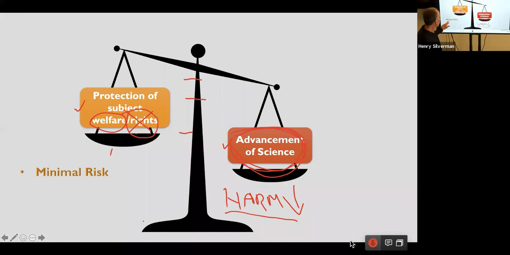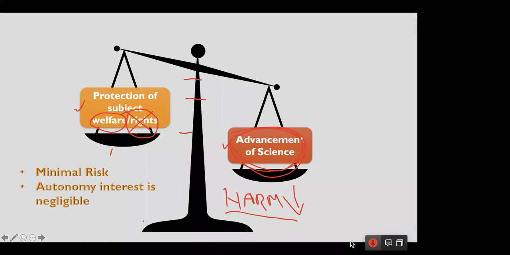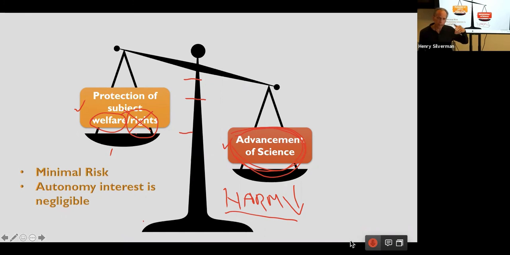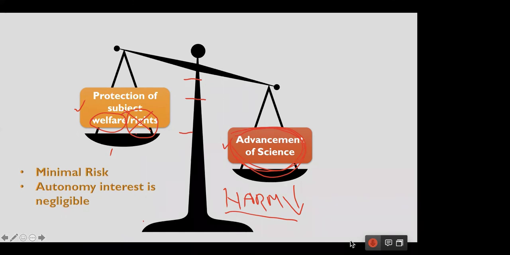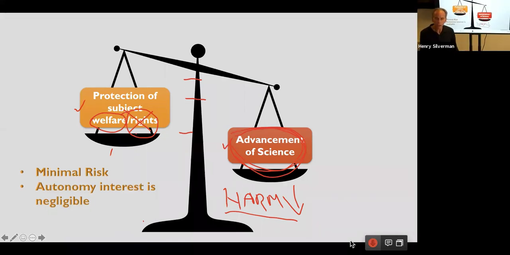So again, minimal risk and autonomy interest is negligible. That's another concept, that if we think their autonomy right is negligible compared to like a right to vote or a right for free speech, okay, that's not looking at their medical records.